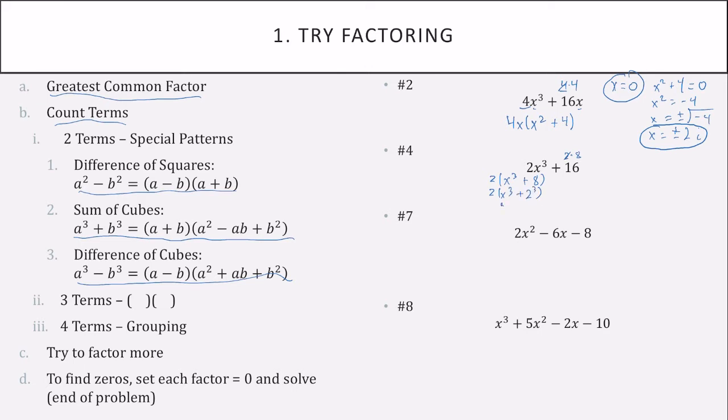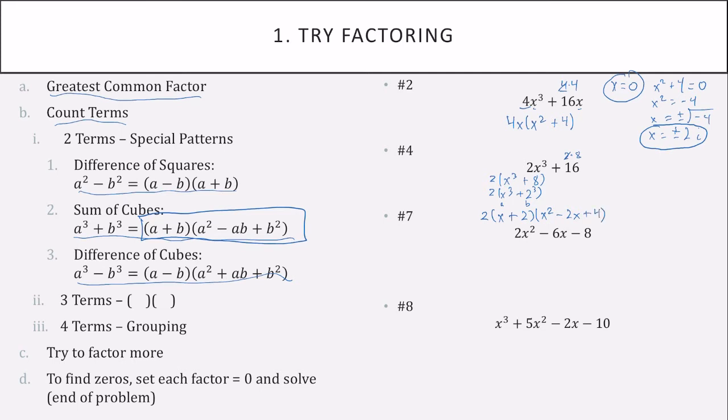So that means a is the x and b is the 2. So our answer could be, the formula is, I'm looking at this one right here, a, which is x, plus b, which is 2, times a squared, which is x squared, minus ab, so that's 2x, plus b squared. Well, b is 2, so 2 squared is 4.